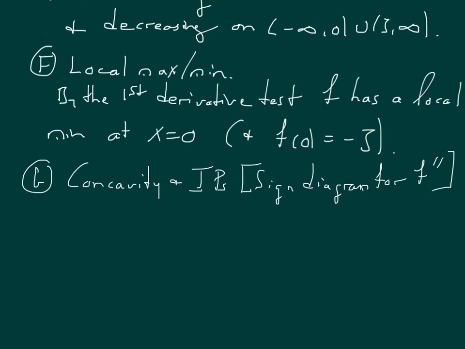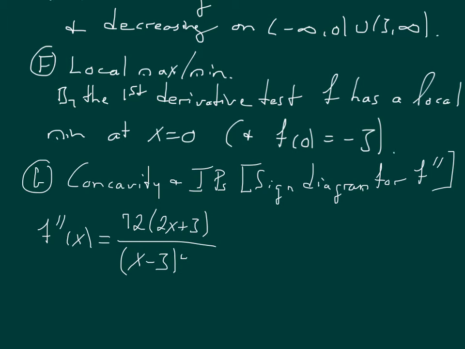Okay, so for the sign diagram, as with any sign diagram, we just look for where our function is 0 and where it's discontinuous, which is to say where it doesn't exist. So f prime prime of x, we were given it, was 72 times 2x plus 3 divided by x minus 3 all to the fourth.